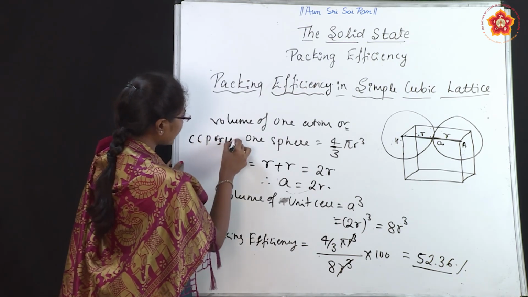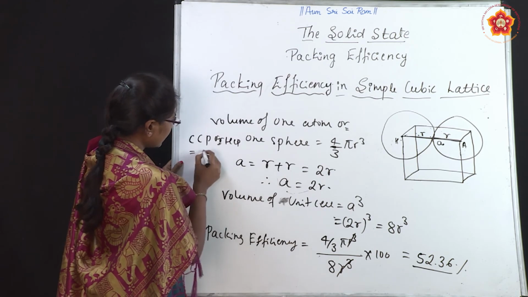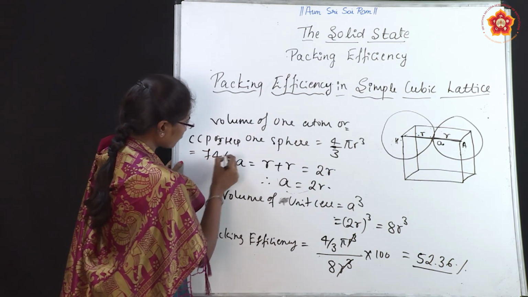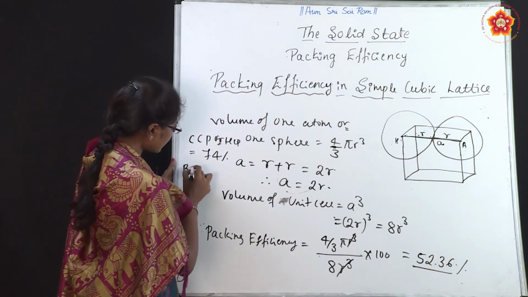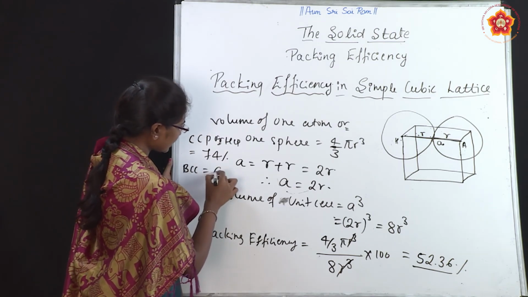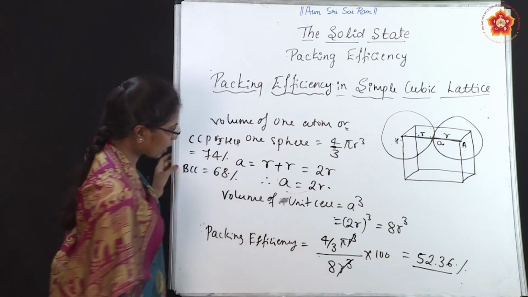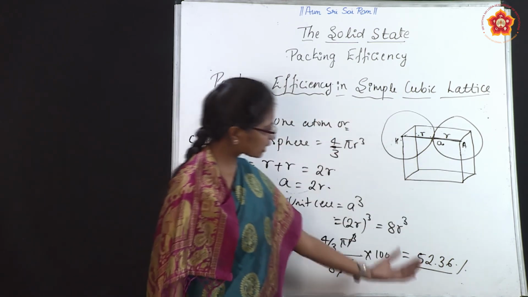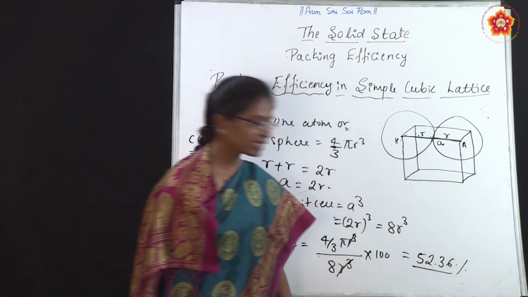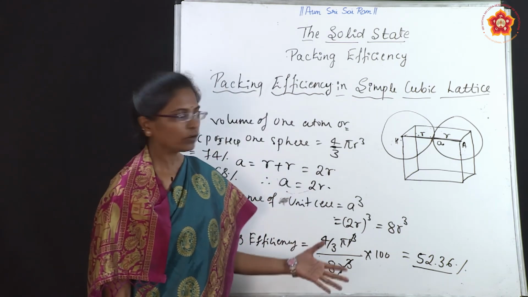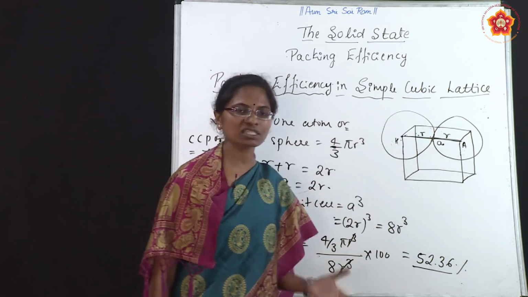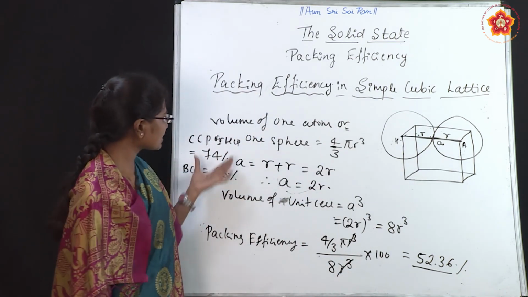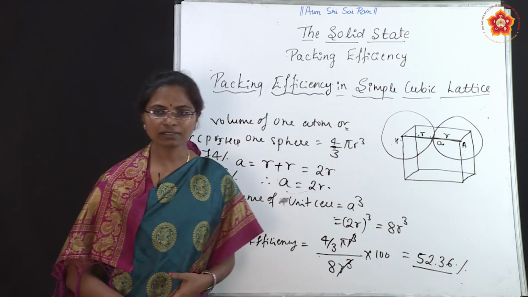So till now we have calculated the packing efficiency in CCP or HCP. How much is it? 74%, right? And in BCC, how much is it? That is 68%. And now in simple cubic lattice, it is 52.36. So the empty space in simple cubic lattice is more than in BCC and CCP or HCP.